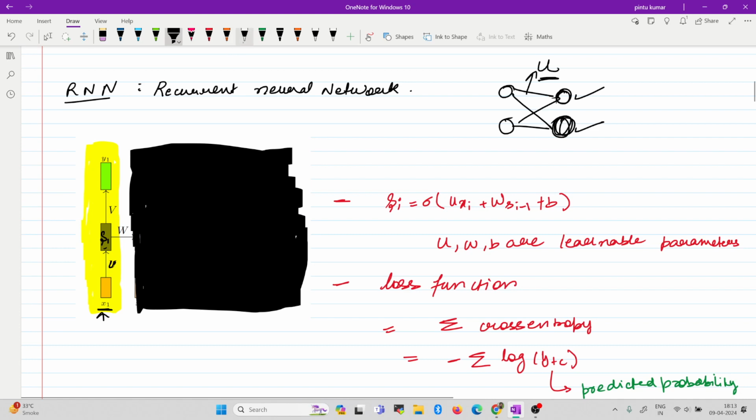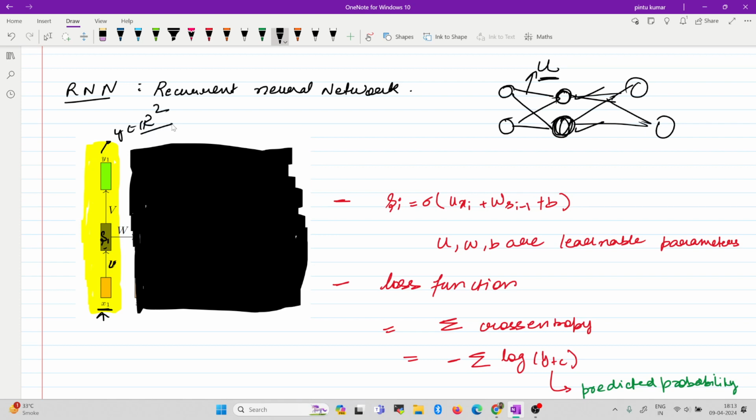You have X1 as an input, you have some intermediate layer, then you pass it on to your output layer. Let's say there are two output neurons, and this is your Y. Y is a vector, let's say belonging to R2, which is your output. This is very similar to the neural network that you have been doing since, let's say, week 2 or 3.